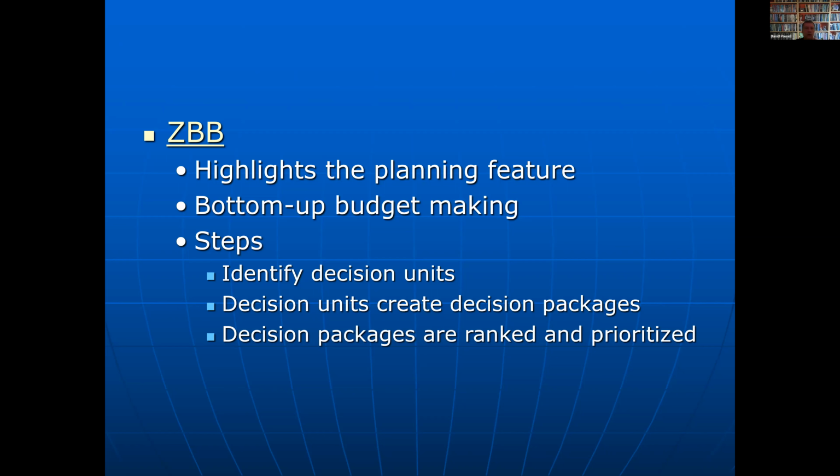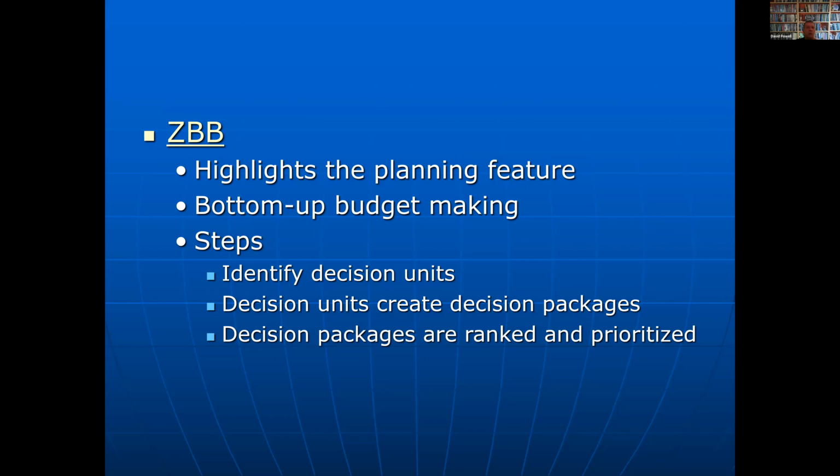Upper level management will then re-rank and reprioritize those decision packages. The highest ranked decision packages then get funded in the budget based upon the money that is available to fund those packages. The lowest ranked decision packages then do not make it into that organization's budget.